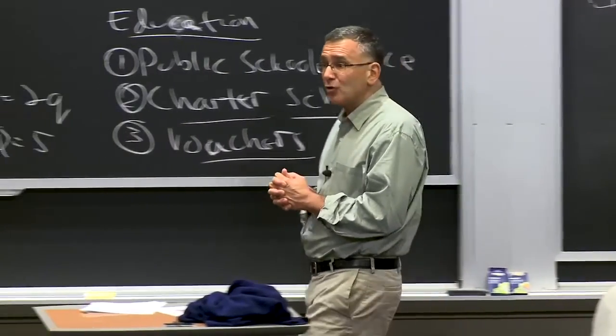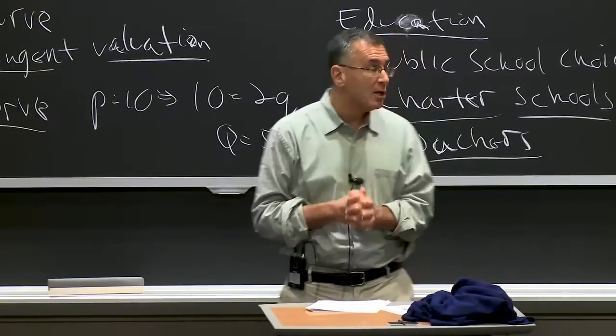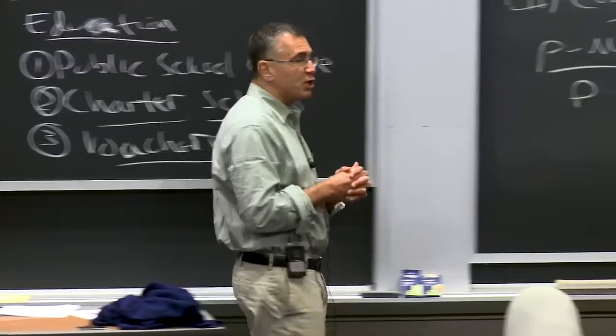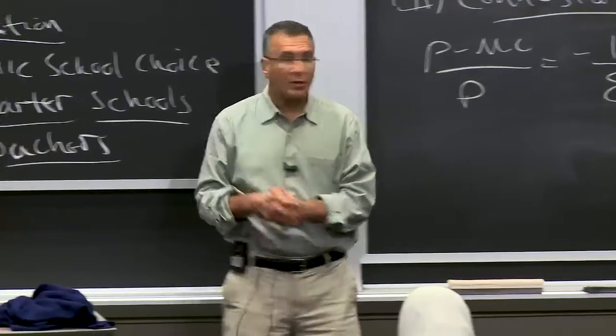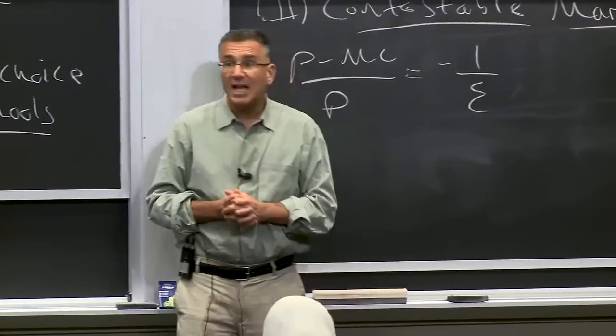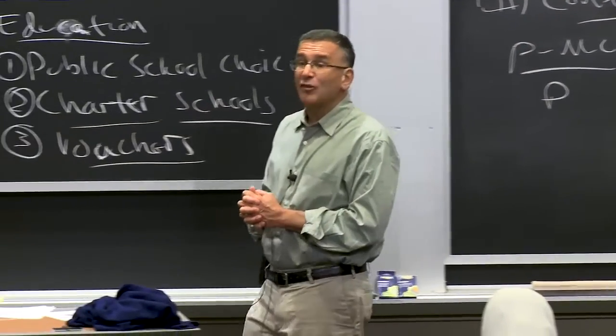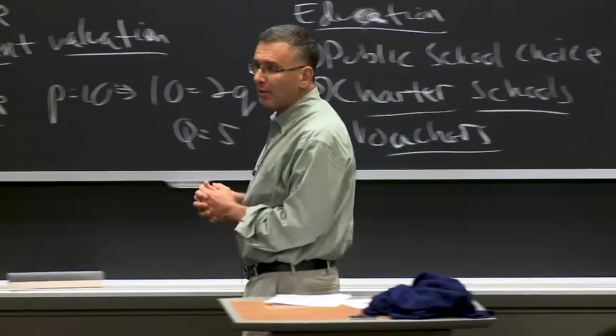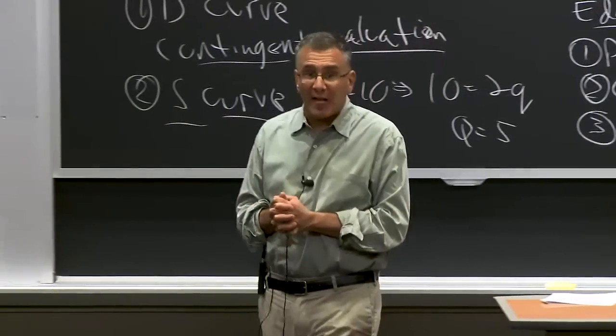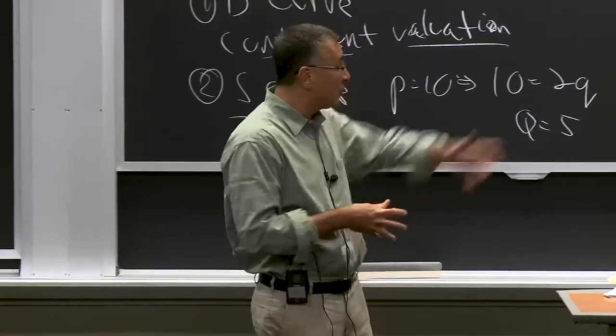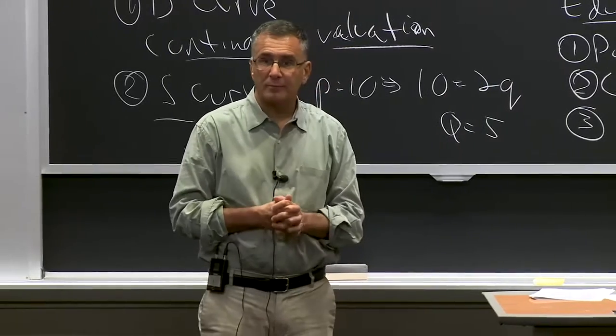Because the larger the barrier to entry, the more you can be sure no other firm's going to come in. Or in other words, the amount to which you can charge above marginal cost for a given elasticity is proportional to how severe the barriers to entry are. If there's no way a second firm can get in, then essentially you get to just obey this formula.